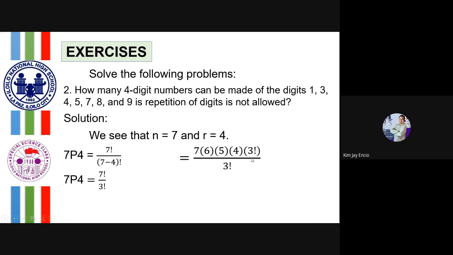We stop at 3 factorial because again, we can divide it with our denominator. What will be left is 7 times 6 times 5 times 4, and their product is 840. So there are 840 possible 4-digit numbers without repetition, making use only of the given digits.